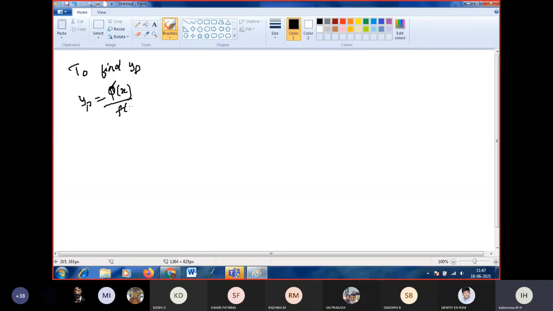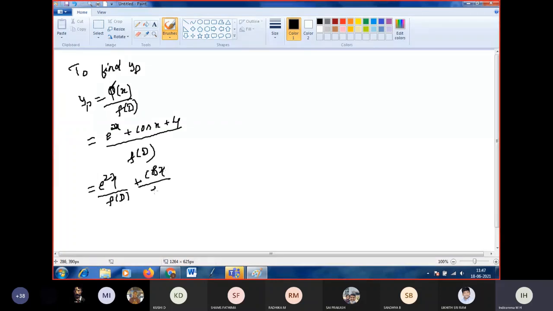What is phi of x? e power 2x plus cos x plus 4. So you consider this as e power 2x by f of d, plus cos x by f of d, plus 4 by f of d. Is it right?